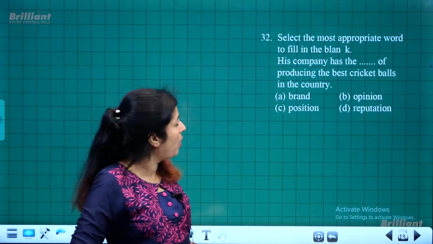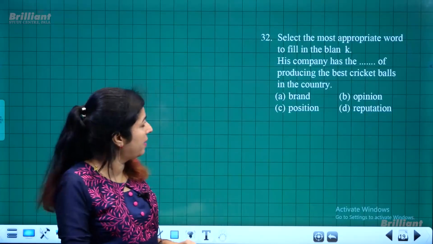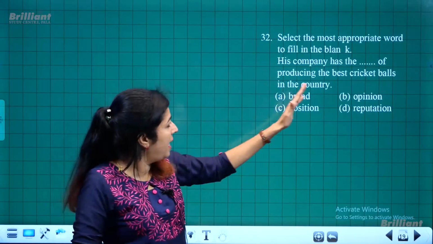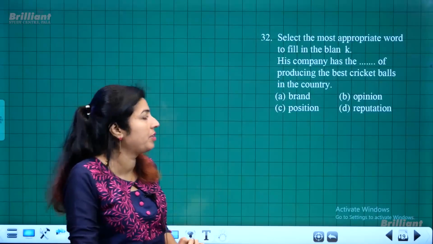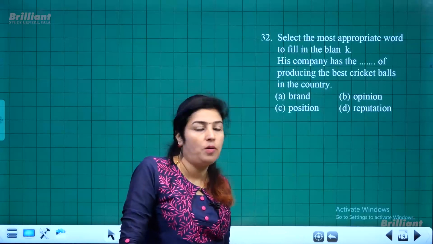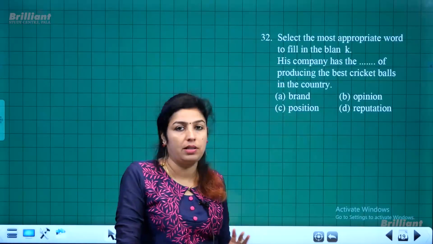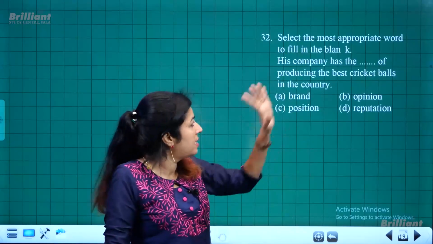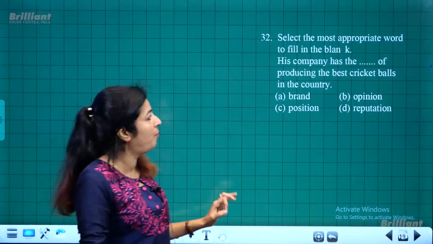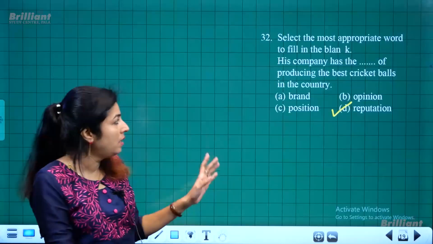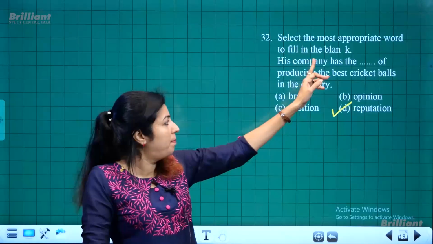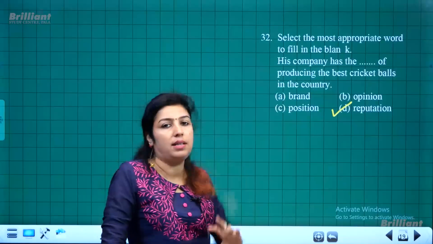Select the most appropriate word to fill in the blank. Okay. His company has the dash of producing the best cricket balls in the country. It's very obvious. Reputation. His company has the reputation of producing, or he has a very reputed company because it sells the best cricket balls in the country.